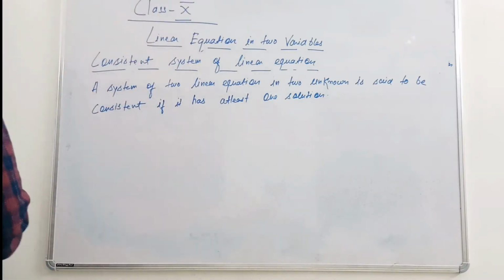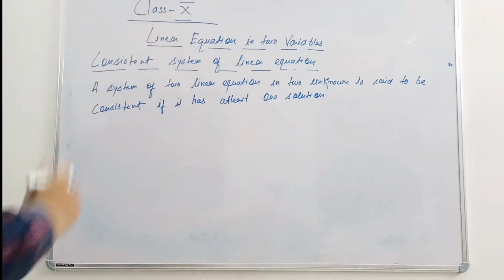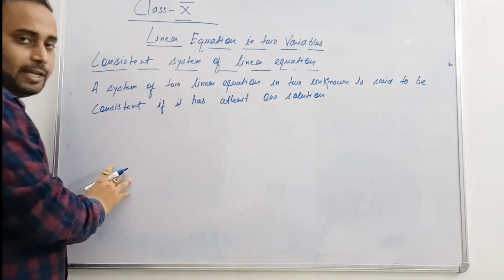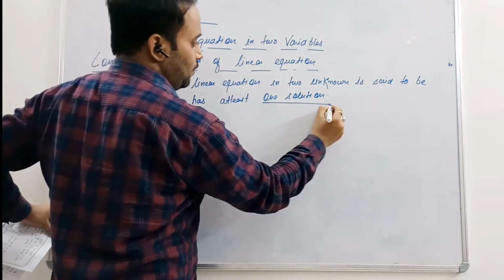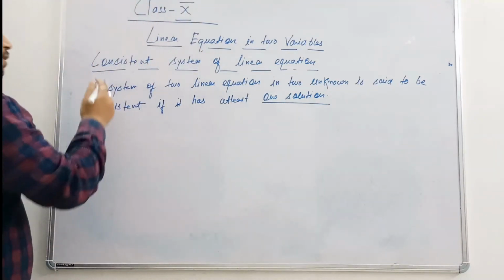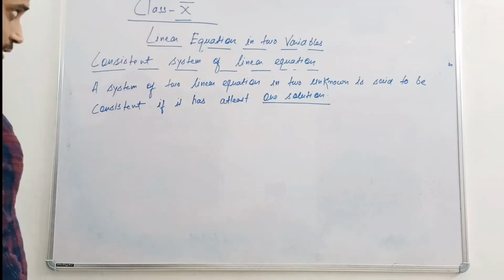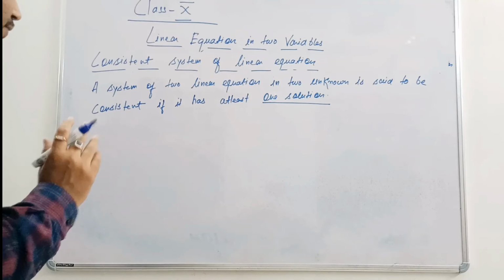The meaning of consistent is that if we solve the equations and get one value, or one solution, it is known as a consistent system of linear equations.